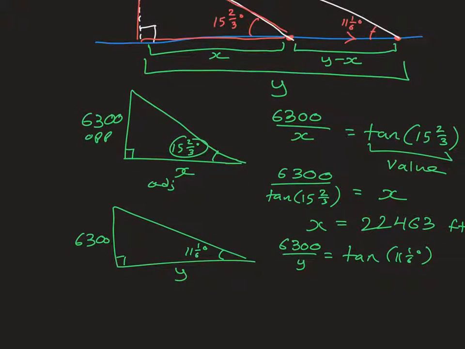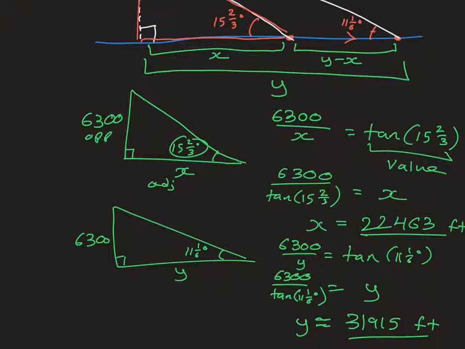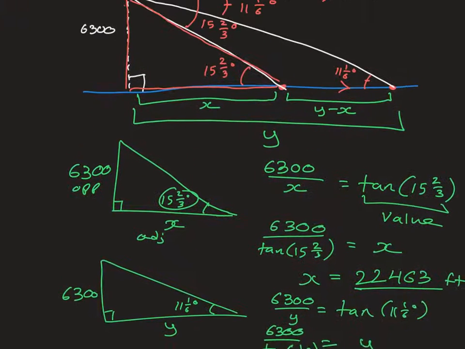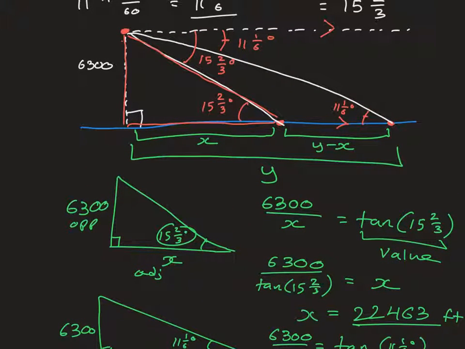And then that gives us this equation, which is approximately equal to 31,915. So now we have y and x. So we have the two lengths from this point to each of the ships.